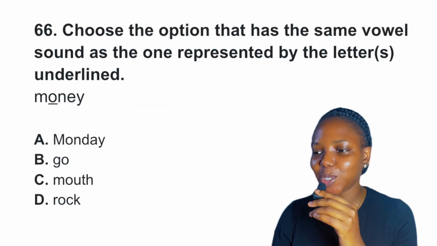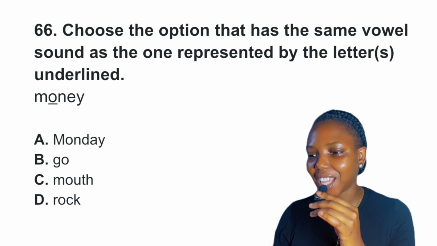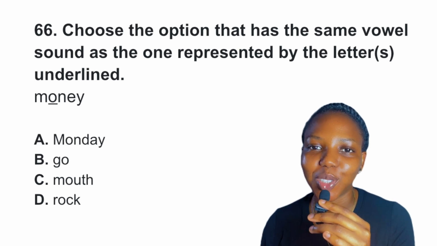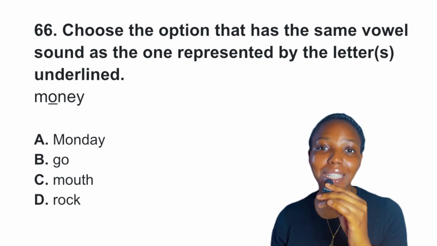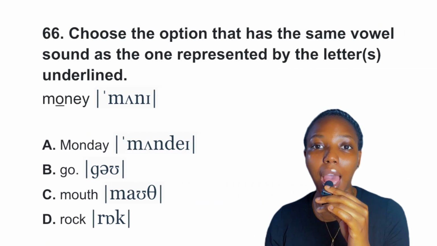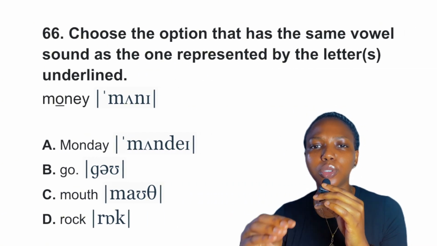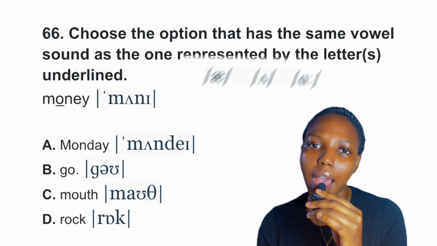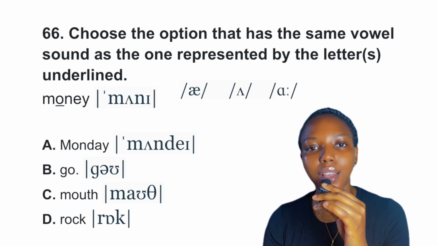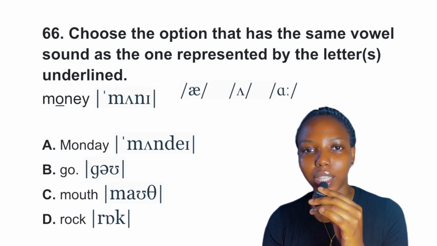Question 66. Choose the option that has the same vowel sound as the one represented by the letters on the line. Now the word is money, and the letter O is underlined and it is pronounced as uh. I want you to observe this sound: uh, uh, uh. Let's do it again.